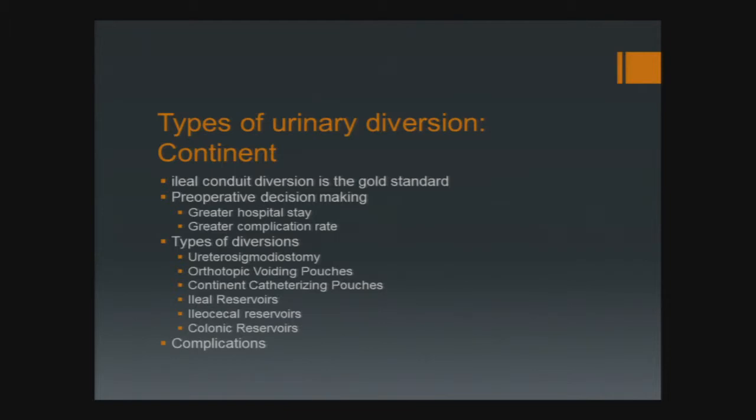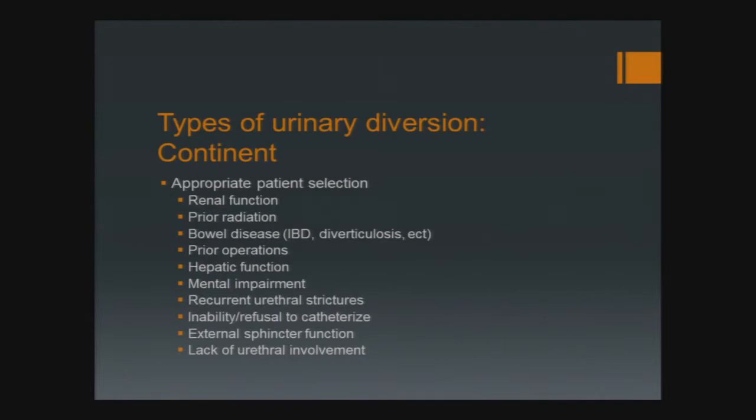Some of the types of diversions I'll touch on are ureterosigmoidostomies, orthotopic voiding pouches, continent catheterizing pouches, ileal reservoirs, ileocecal reservoirs, and colonic reservoirs. I'll also talk about some of the complications from these continent diversions.